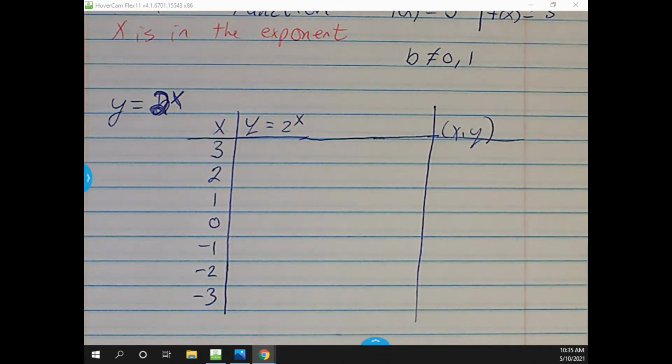Now the positive whole number values for x, when we plug them in, are not going to be a big deal. It's the negative numbers that we got to go back and review, because I don't know that we've done a whole lot with negative numbers this year. So we need to at least look at them just a little bit.